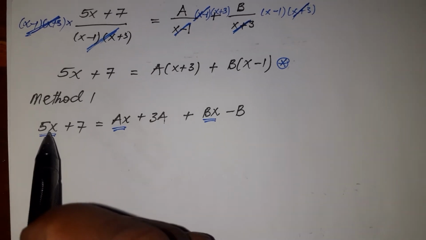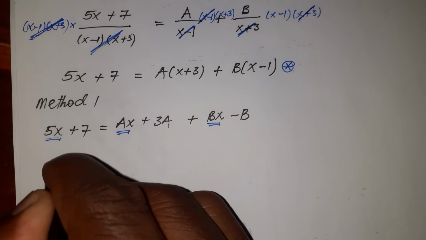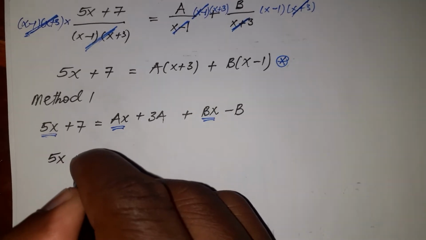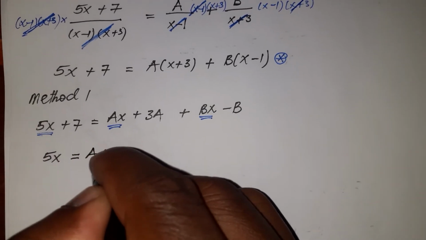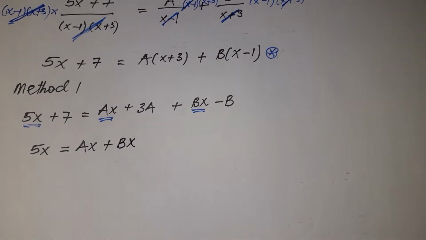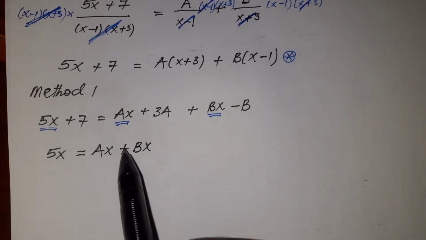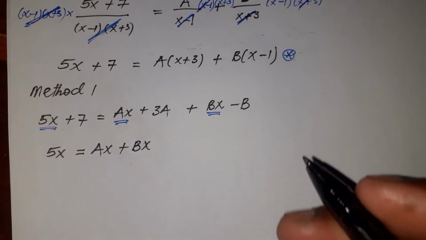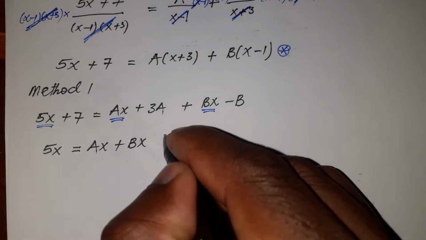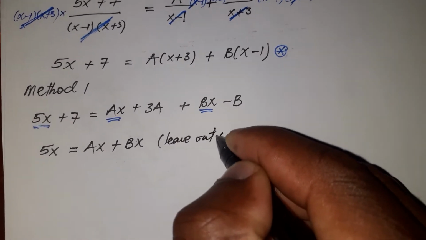Then what we should do now, we write 5x equal to ax plus bx. But remembering that what we want to solve is for a and b, it means we can now leave out x.